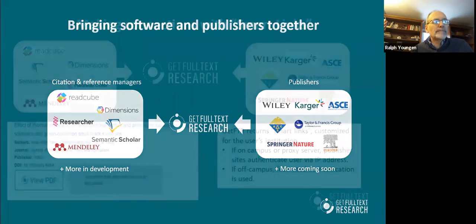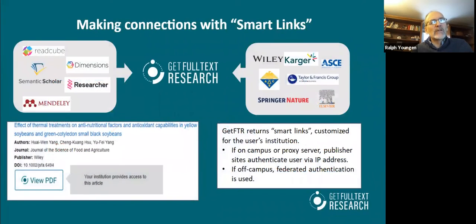So if you go to the next slide, if we drill into this just a little bit more, what does GetFTR actually do? Well, it returns what we like to call smart links back to the discovery service that is calling GetFTR. So a discovery service really passes two items to the GetFTR service. It sends a DOI of the article in question, and then an identifier for the user's institution.